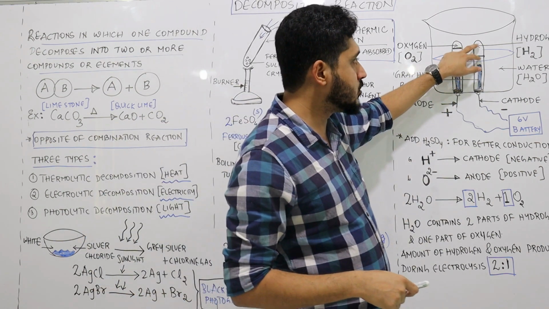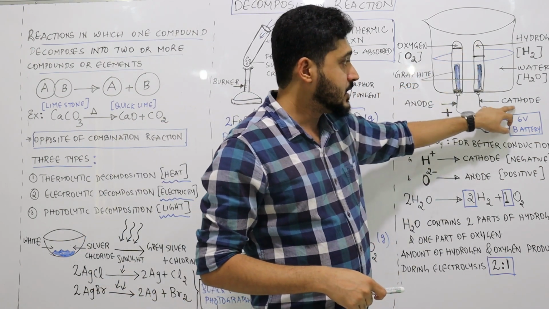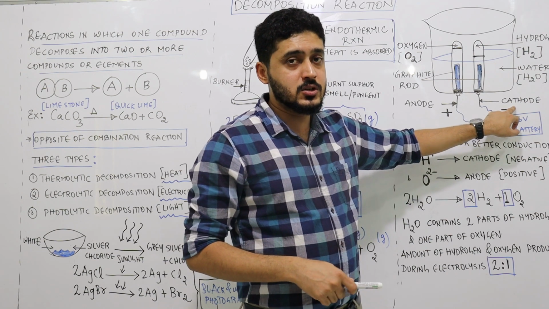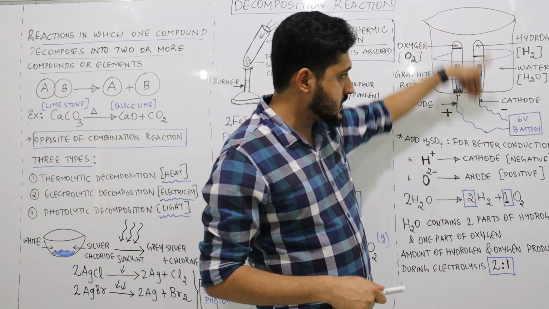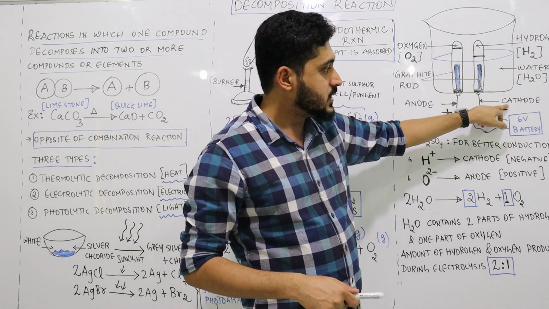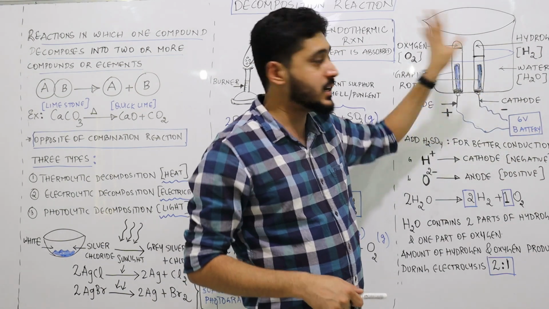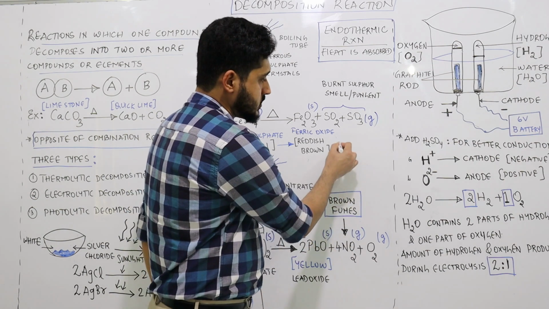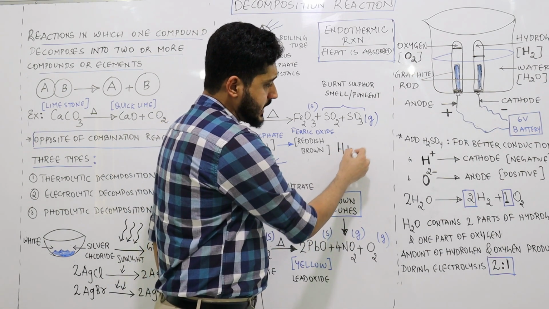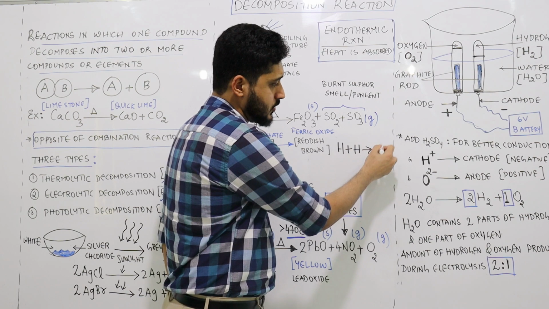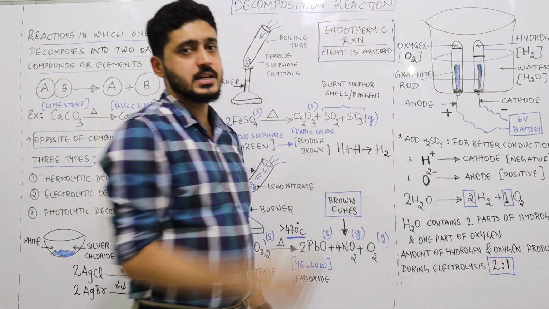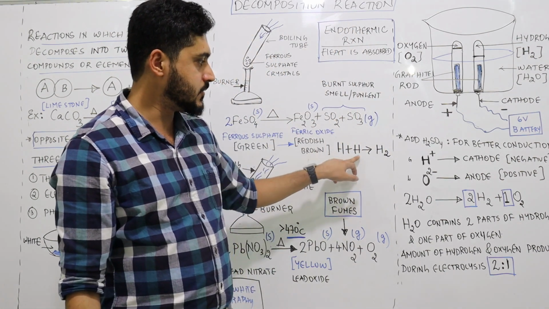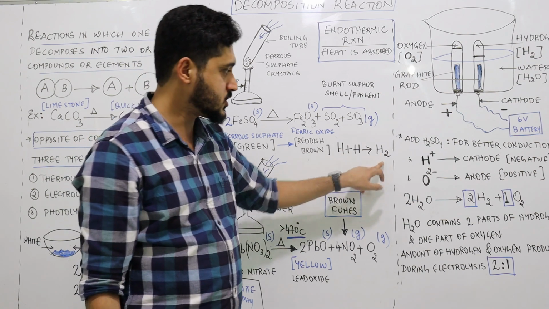Now you will get hydrogen gas at the cathode, in the test tube you immersed over that electrode. That means H will combine with one more H atom to give you H2 gas.